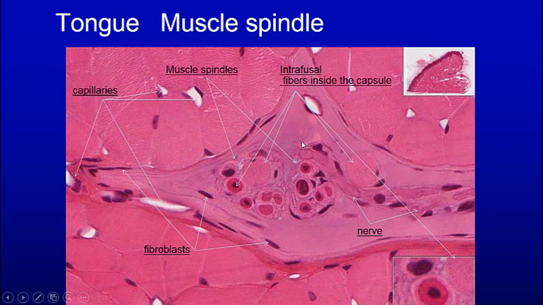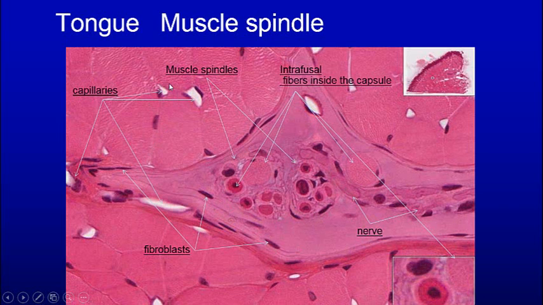Another one that we can see here in the tongue: you have muscle spindles in the tongue. So this capsulated structure right here is a muscle spindle. These are nerves that we can see. You can see the myelin sheath, the darker area around the axon. These are fibroblast cells, and these are capillaries in the muscle.